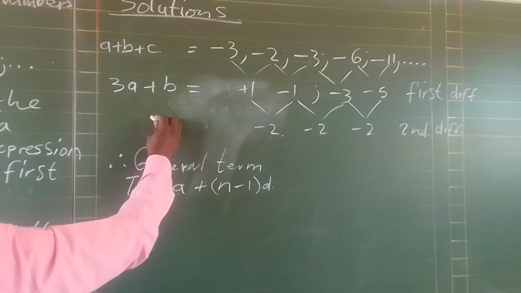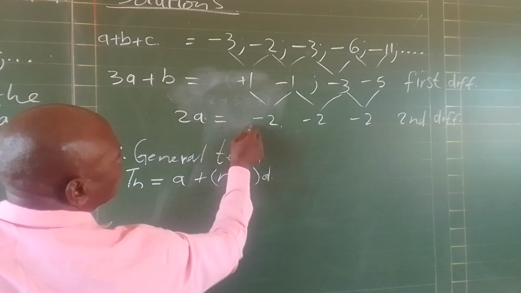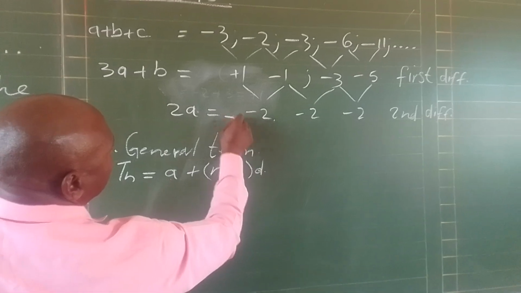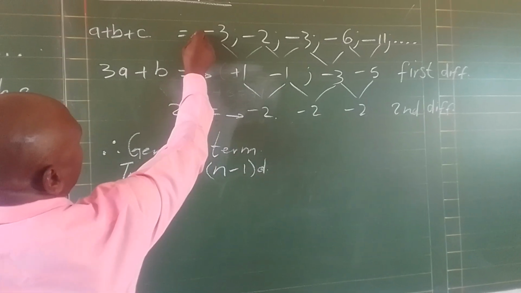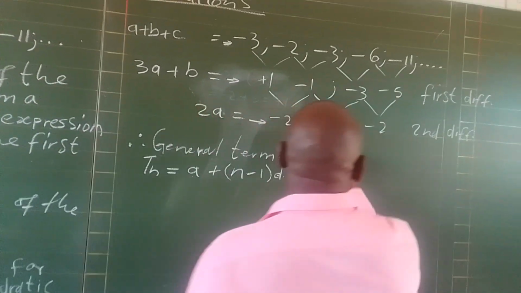Your 2A is equal to this one. Now you solve for A.